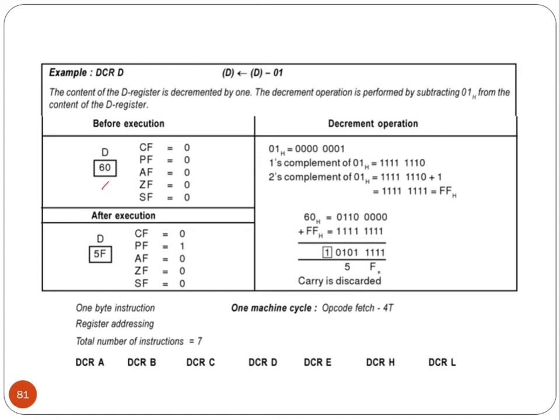So the answer is obtained as 5F. Here the number of ones, 6, is even parity, so the parity flag will be set. Auxiliary carry flag is not there. The answer is not 0, and the sign flag, the MSB of the result, is 0.